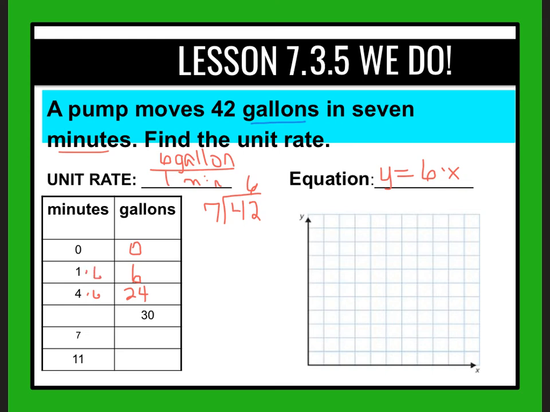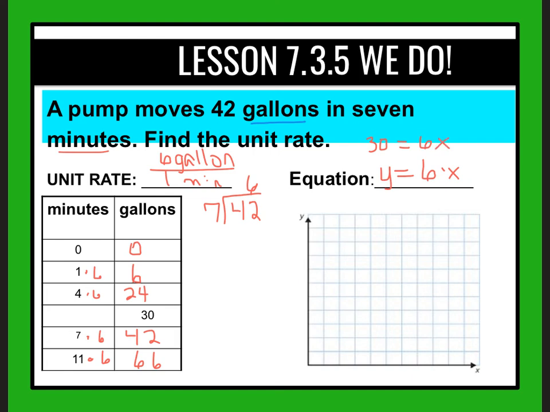In 7 minutes, if I multiply that by 6, and that's what they gave me, that would be 42 gallons. If I have 11 minutes pass and I multiply that by 6, that would be 66 gallons. So now notice they've given me 30 gallons. Perfect. They want to know the number of minutes that it takes.